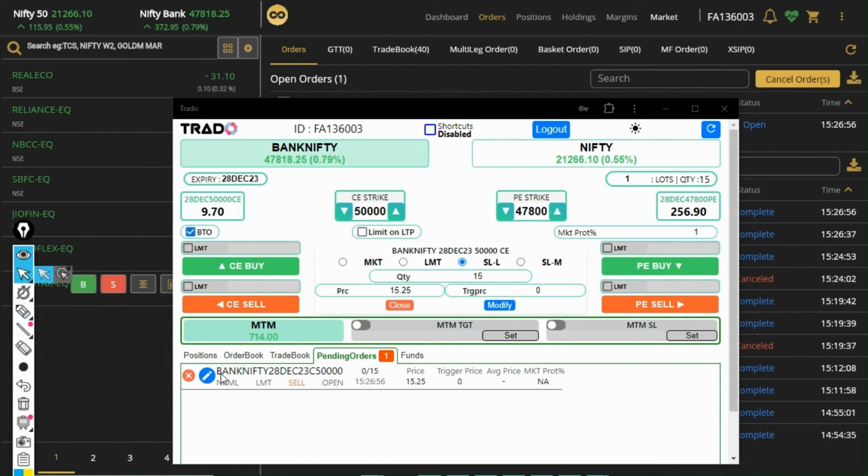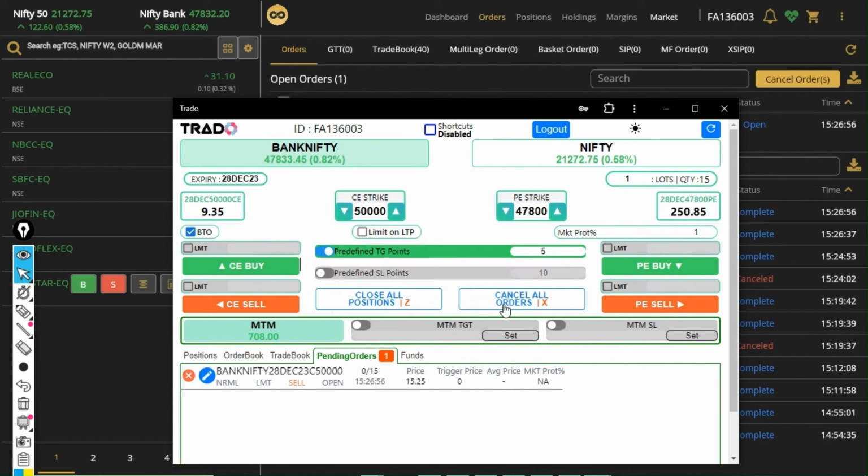See, I want to place this target as an SL order. I will go to the SL limit order and write here 8. Suppose I write here 8.5 and modify it, see it got modified to 8.5.